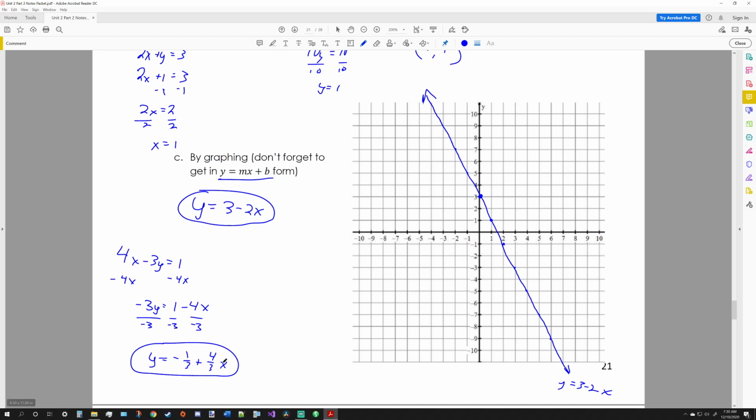This one, again, we're going to plug in to y equals, find nice points, and plot them. When you look at the table, one of the points you should see is 1, 1. And it has a slope of 4/3, so that's up 4 over 3. Up 4 over 3. And that continues in both directions.